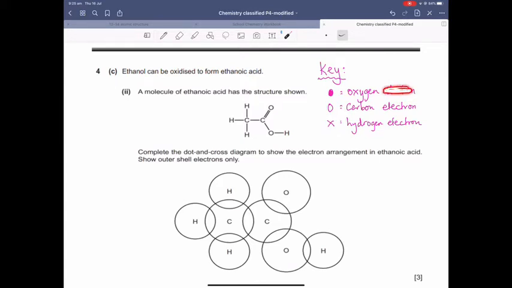It's very important. It's a serious mistake. Oxygen is not the same as an electron from oxygen. Otherwise it means something completely different. So anyway, make sure you get the key right.